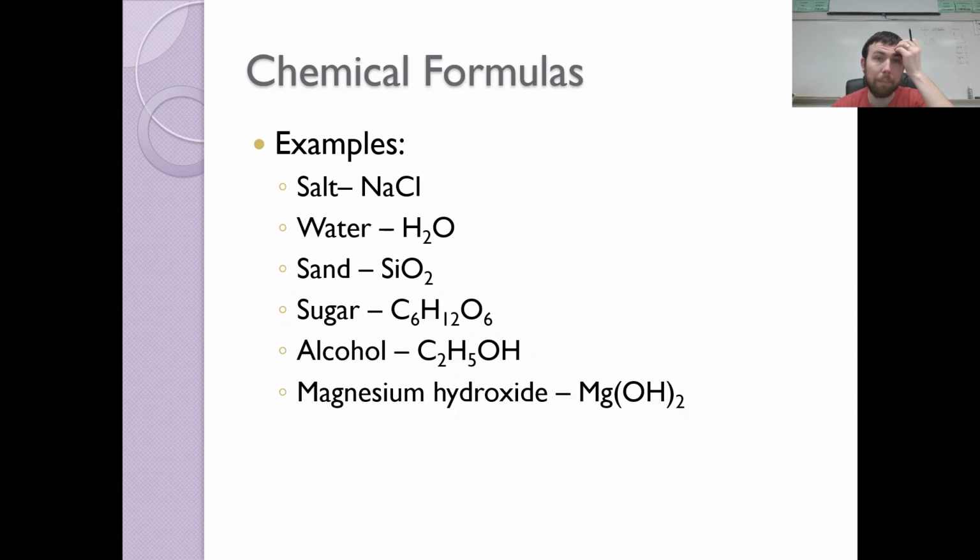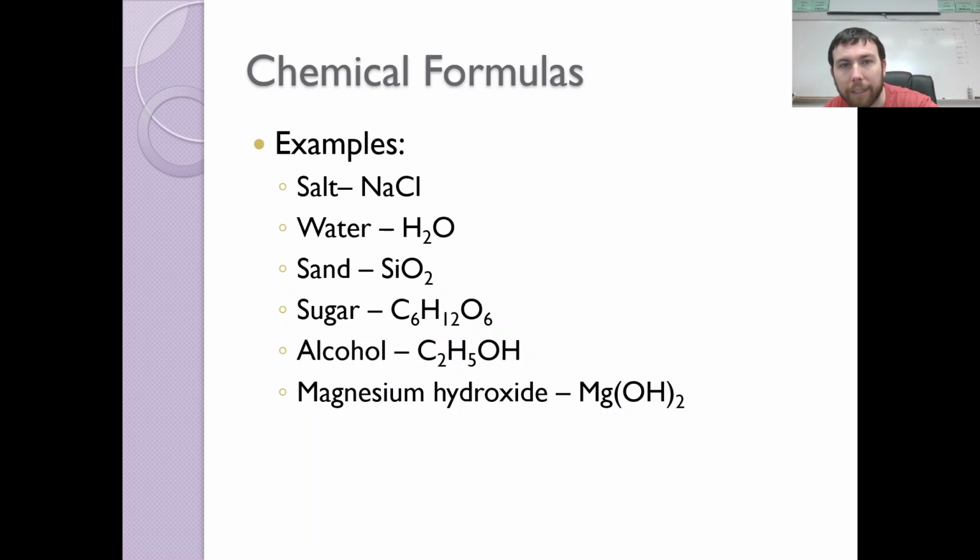Now, here's another example of several other different compounds that you come in contact with on a fairly regular basis. Think of salt, for example, table salt, NaCl. That's common.